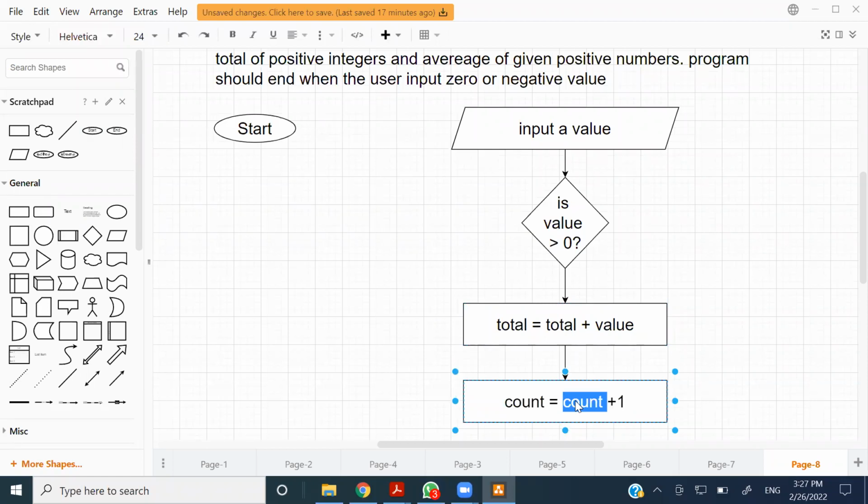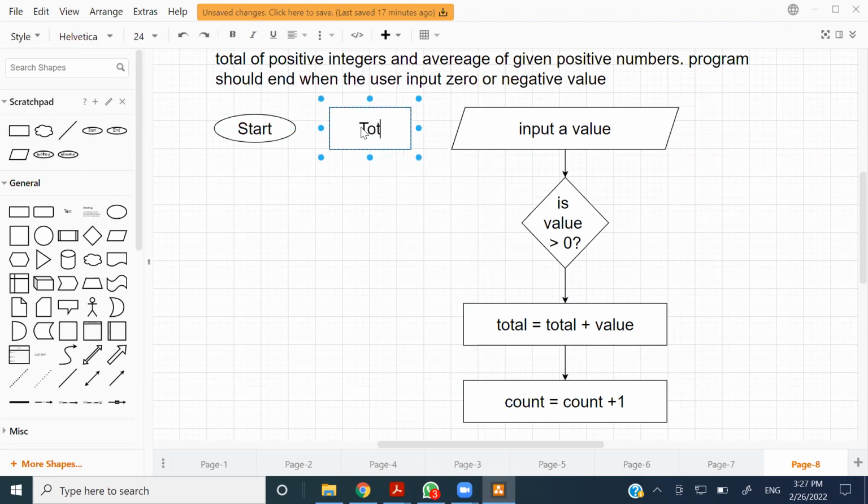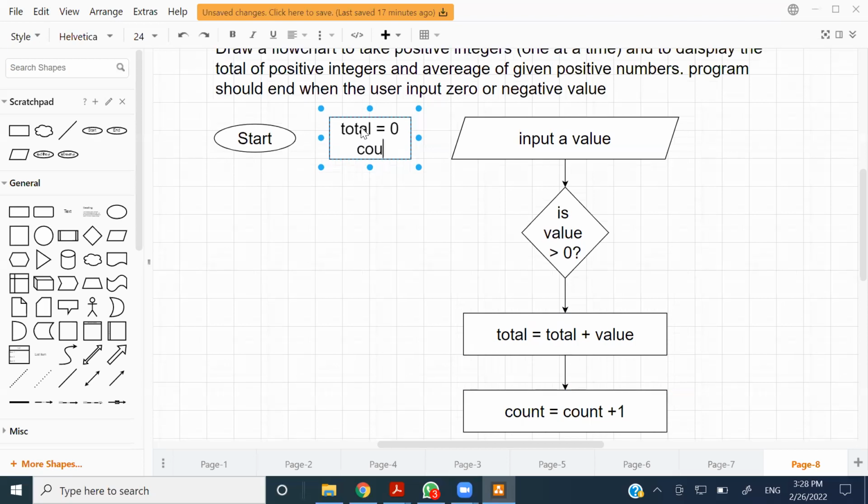So that means we need a process specifying the total. It's better I go with the simple one, total equals 0, as well as count equals 0. Right? So now I can connect the dots. The flow comes from here to here, and it initializes and takes the inputs.